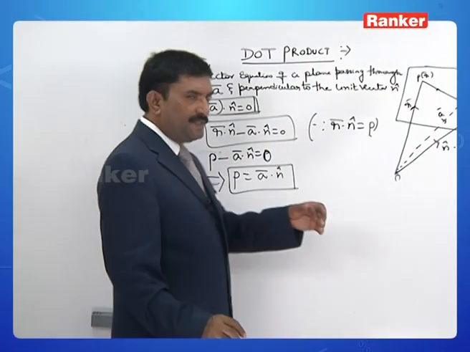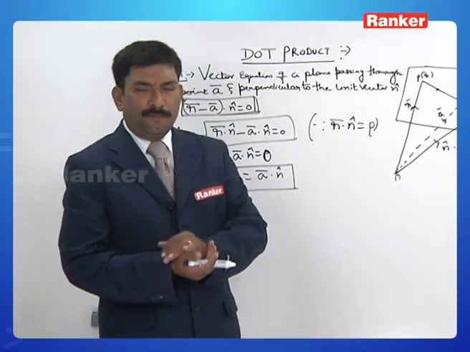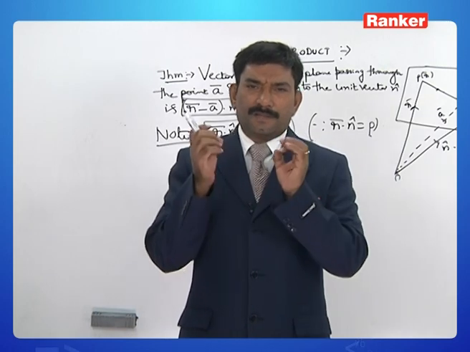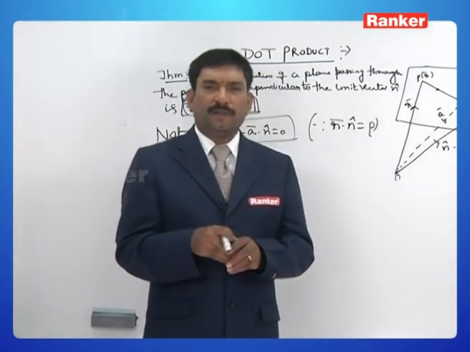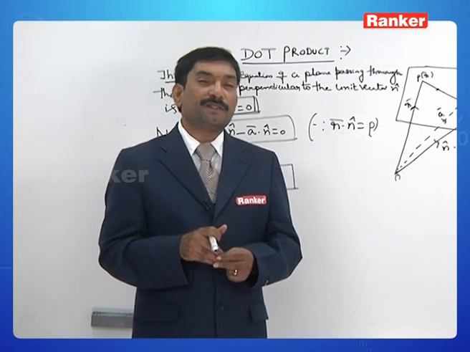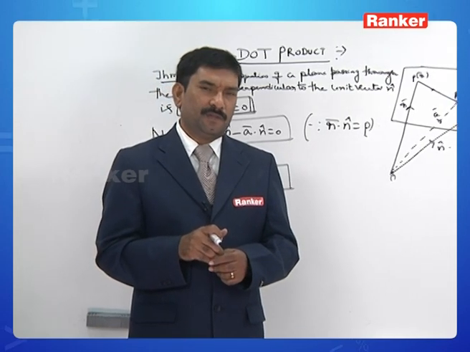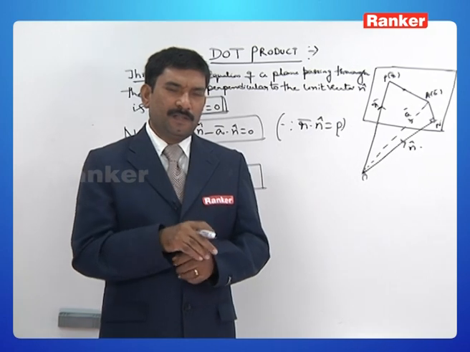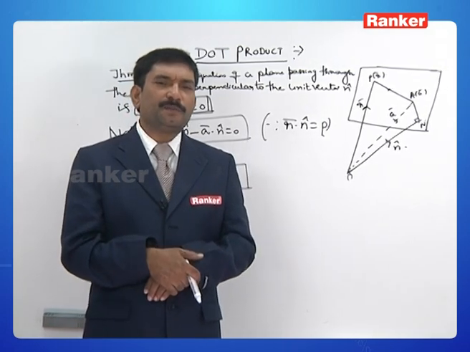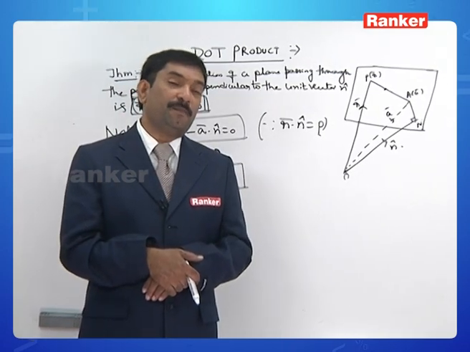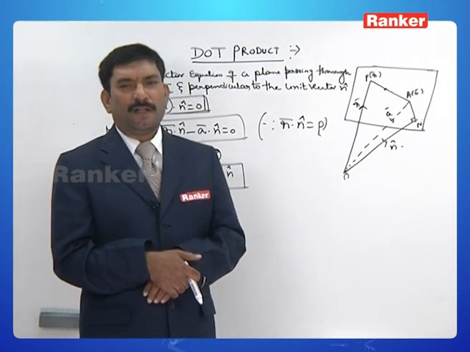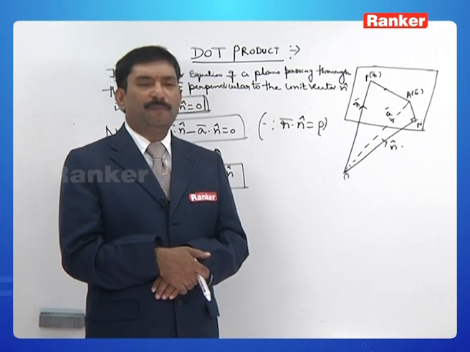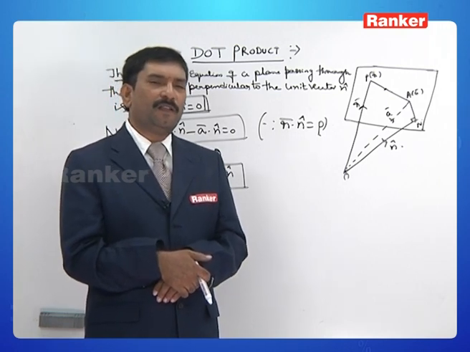This represents what? Perpendicular distance from the origin to the plane, and that plane is passing through the point A whose position vector is A bar, and N cap is the unit vector perpendicular to the plane.